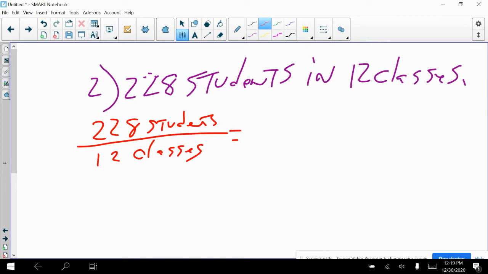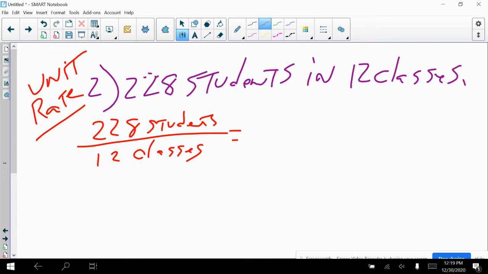Right, now this one's actually a little bit harder, right? You can divide by anything, right? Obviously, you could divide by 2, okay? But you're going to have to keep dividing because, again, we're talking about finding a unit rate. Okay, and again, knowing your facts, knowing division is really going to help you here.